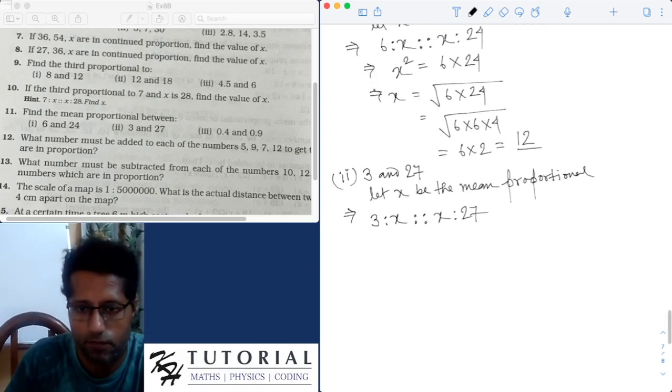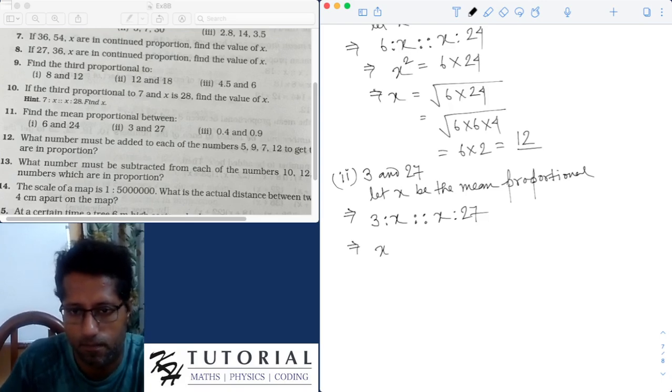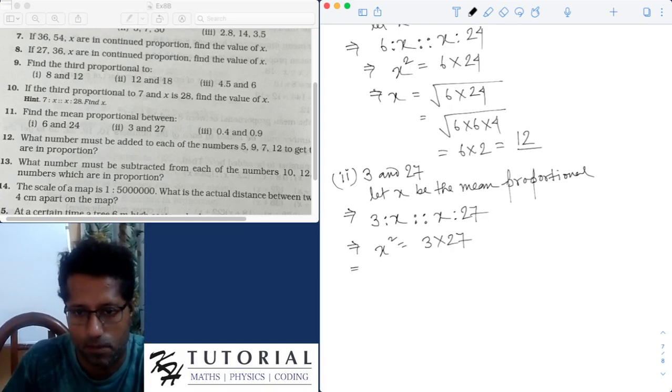Now using the direct formula of continued proportion, b square equals ac, b in this case is x, a is 3 and c is 27. So b square equals ac. This implies x equals root over 3 into 27.